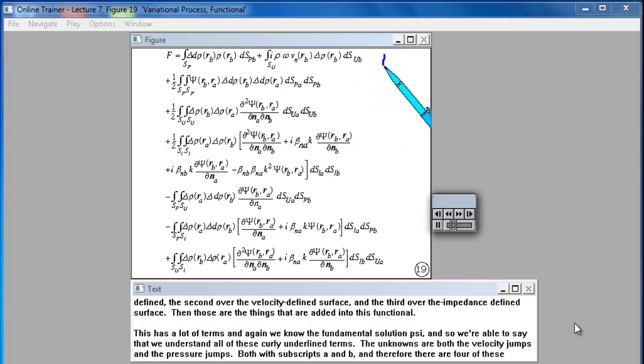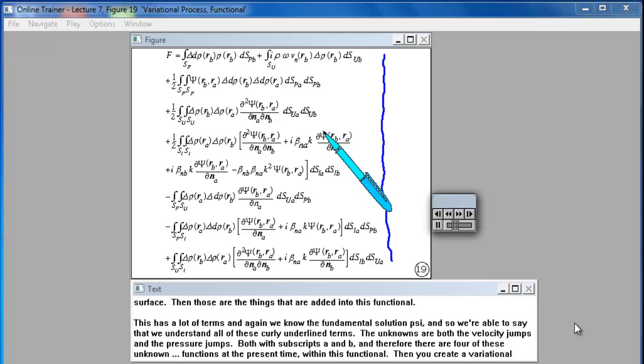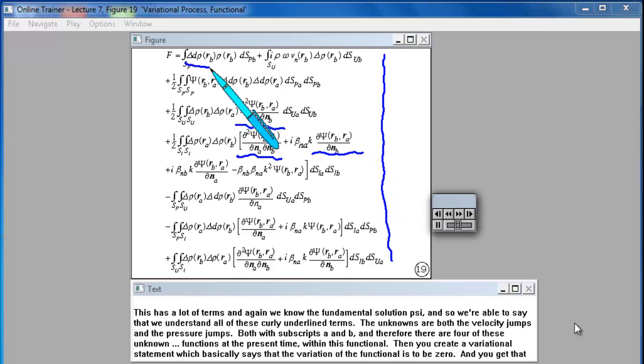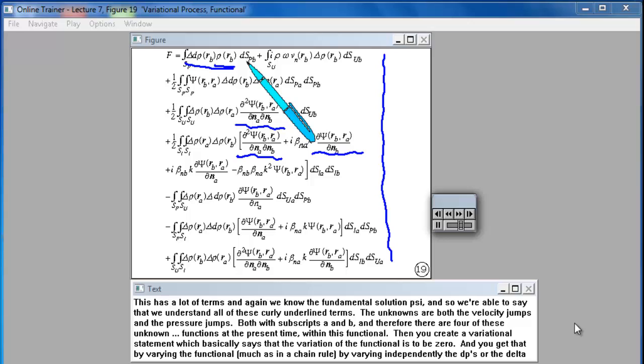This has a lot of terms, and again we know the fundamental solution psi, and so we're able to say that we understand all of these curly underlined terms. The unknowns are both the velocity jumps and the pressure jumps, both with subscripts A and B, and therefore there are 4 of these unknown functions at the present time within this functional.